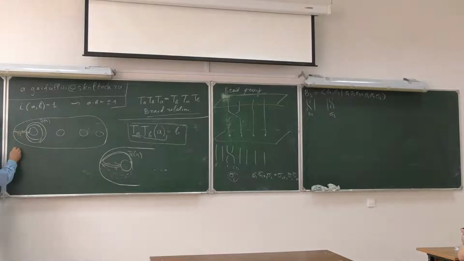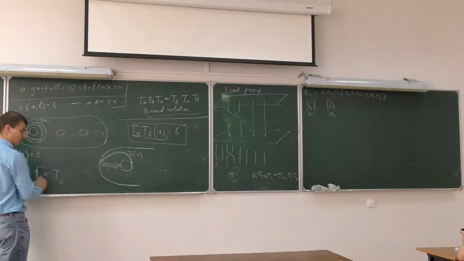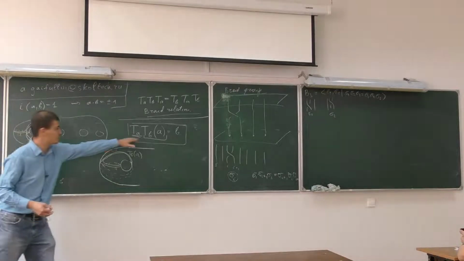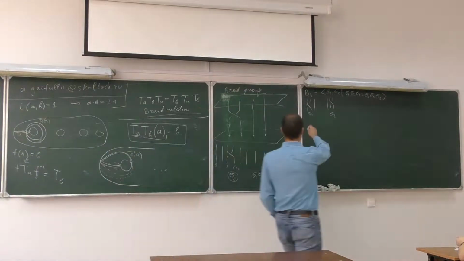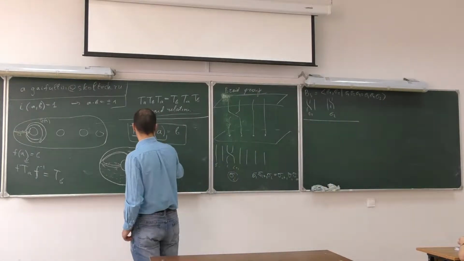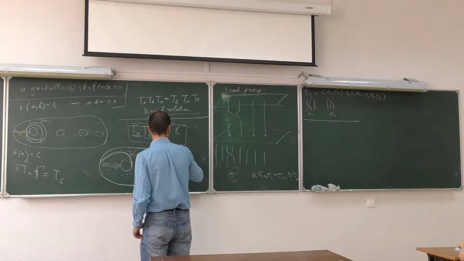We know that if some mapping class F takes a curve A to a curve B, then if we conjugate the twist about A with this F, we get the twist about B. Now we apply this to this particular situation, and we get TA, TB, TA.